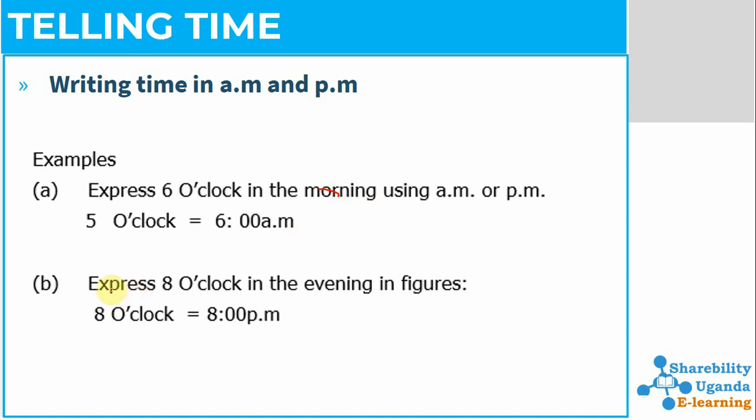Also here they were saying express 8 o'clock in the evening, in figures. So this is what I was talking about: when you talk about AM and PM, we are trying to make someone understand.